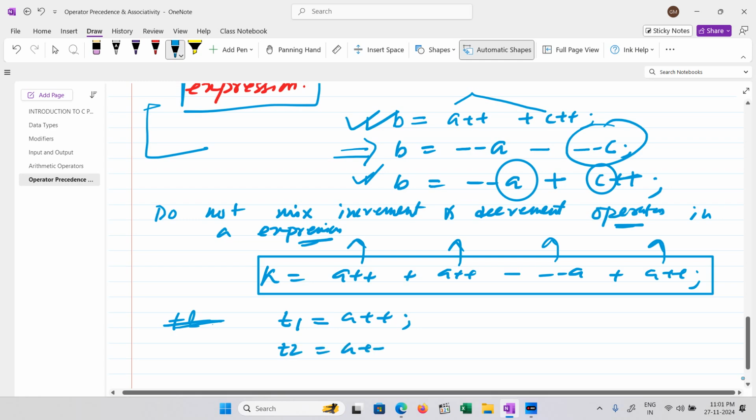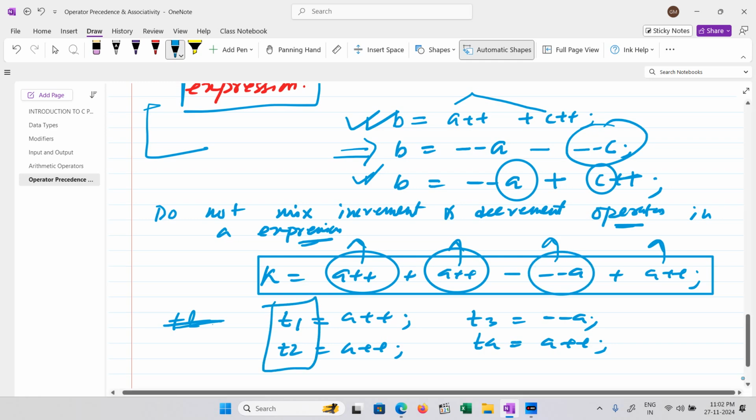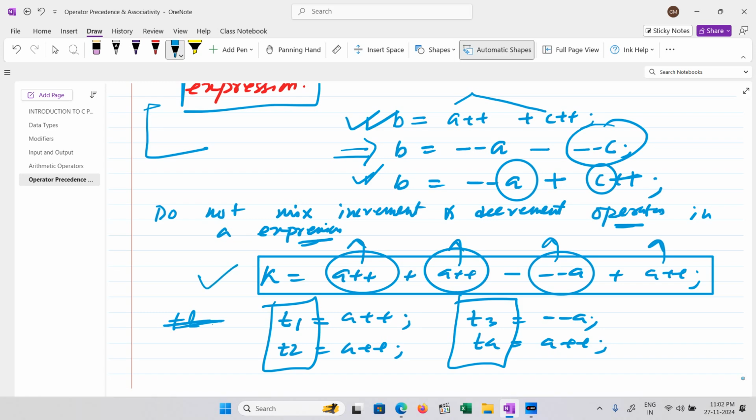If you want this order, this way you can do, and then replace this thing with these temporary variables that we have declared here. Then whatever output you get, the compiler is also going to produce the same output. So I think this is sufficient for operator precedence and associativity for the arithmetic operators.